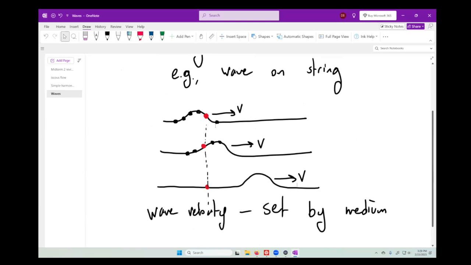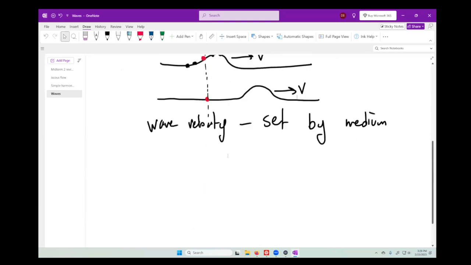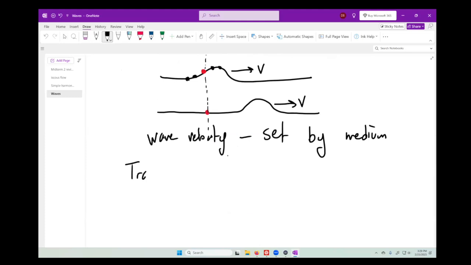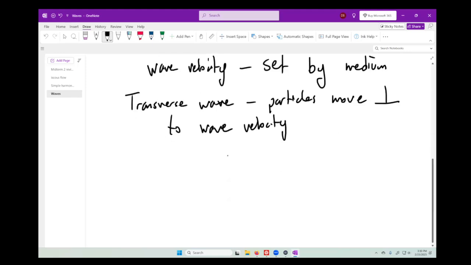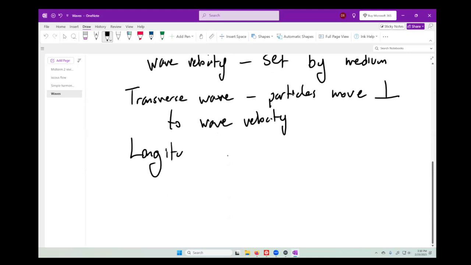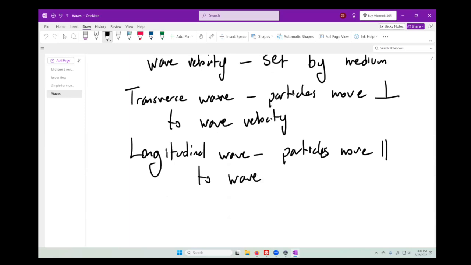It can be a transverse wave like this, where the particles are moving perpendicular to the wave, or it can be a longitudinal wave like in a sound wave, where the particles move parallel to the wave.